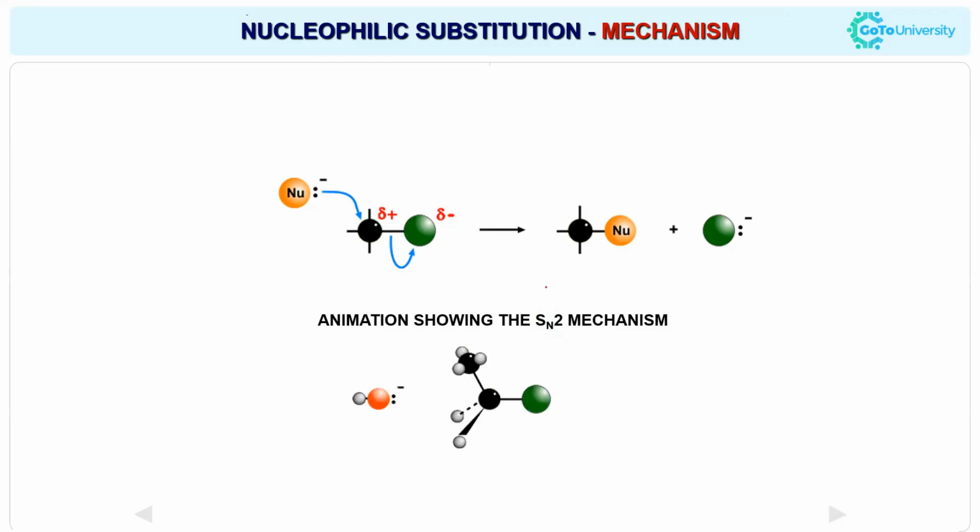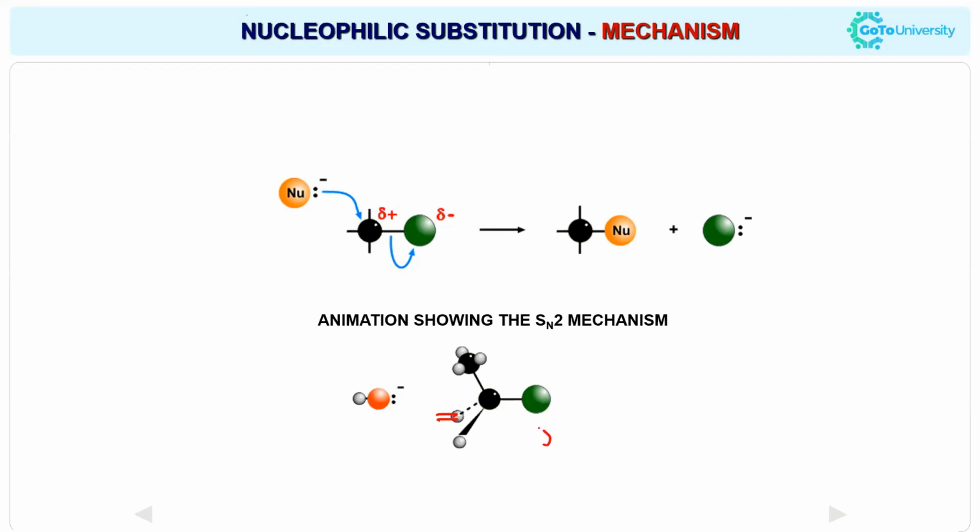Now here we can see the animation. This is the leaving group, and this is the attacking agent. When they attack from the backside, the leaving group is removed. This is the mechanism. The attack of the nucleophile is possible from the backside only.